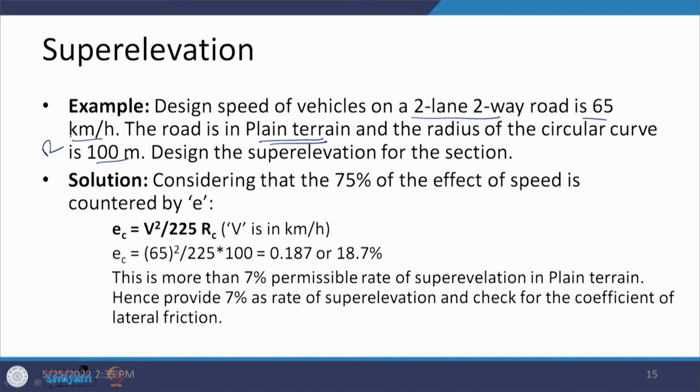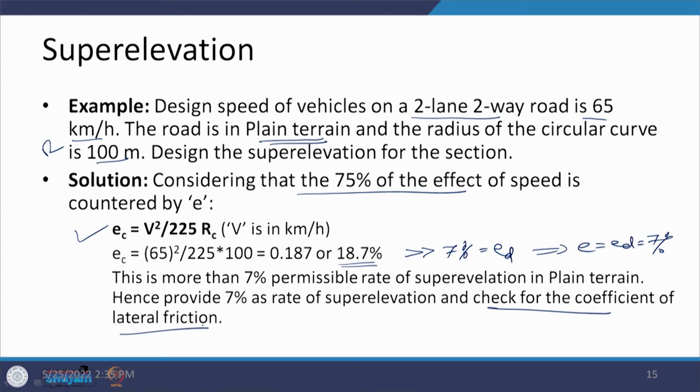So, going by the same philosophy, 75% of the effect of the speed is considered here. So, we have EC equals V square divided by 225 RC, and when we put the values of V as 65 and RC as 100, we get 18.7%, which is very high compared to 7%, the design value of E. So, that means we have to restrict E to ED equals 7%, and because a lot is left to be countered, we have to go and check for the coefficient of lateral friction.